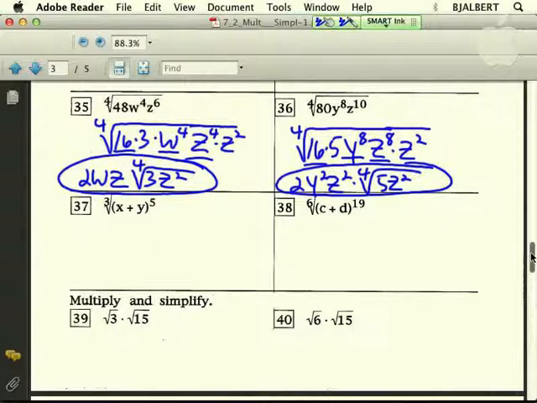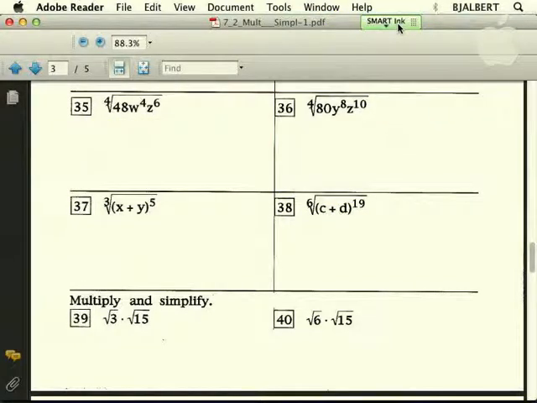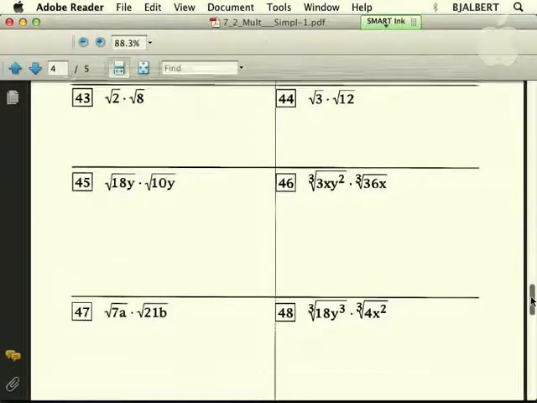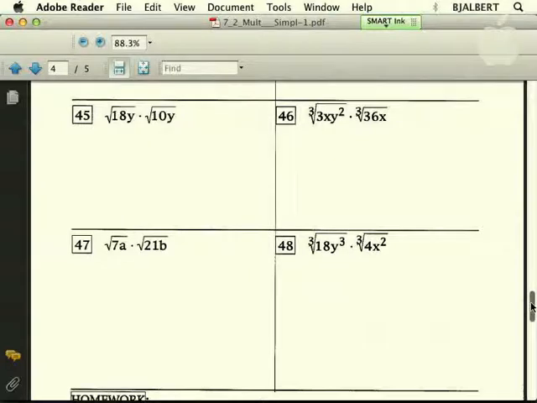And let's see, now let's jump to number 45. Okay, this is going to be the square root of 180y squared.